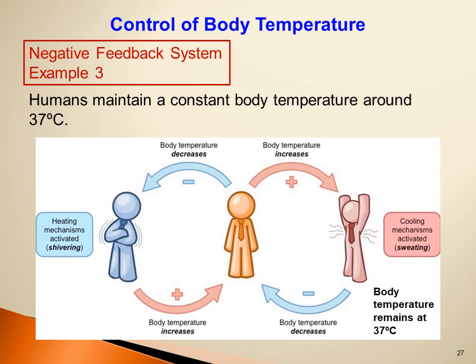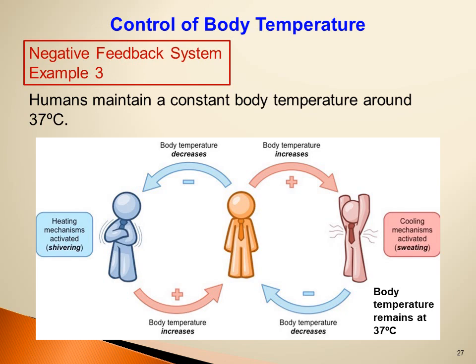On the left side of the figure we can see an example where body temperature decreases. Again, this decrease in body temperature through the control center will activate heating mechanisms in the form of decreased blood flow to the skin, which we call cutaneous vasoconstriction, increased metabolism, and the repetitive contraction of the skeletal muscles, which is known as shivering.